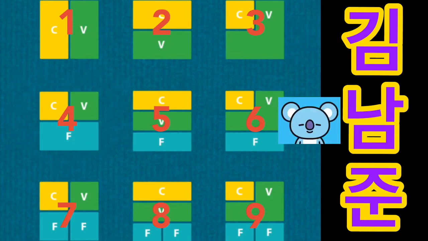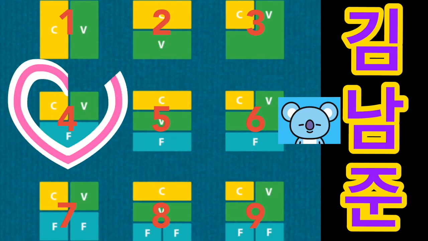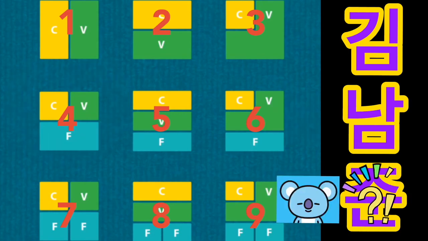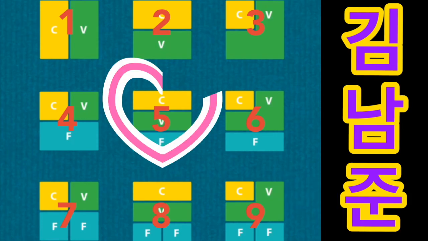The next syllable, the three letters are arranged in the same pattern as the first syllable, so we'll use pattern number 4 again. Can you guess which pattern we'll use for the third syllable? It'll be pattern number 5.